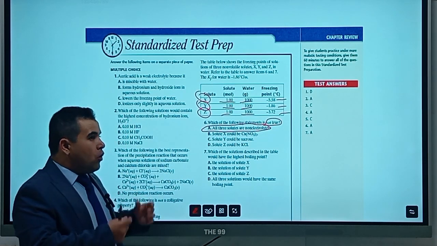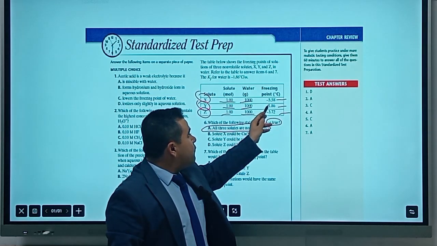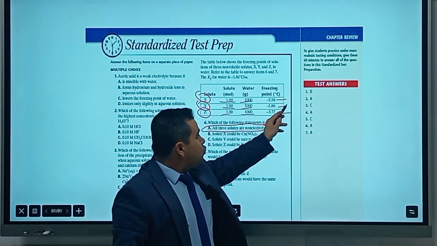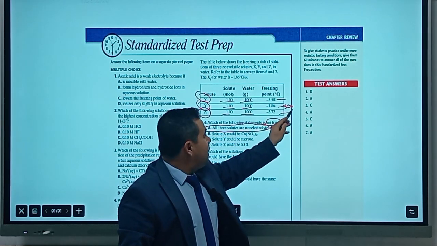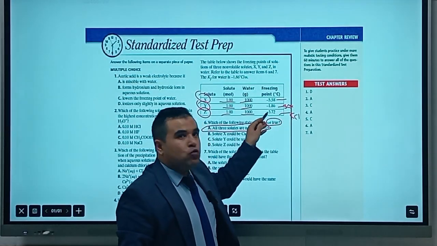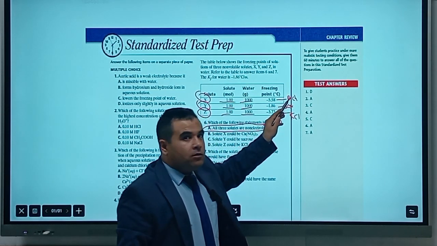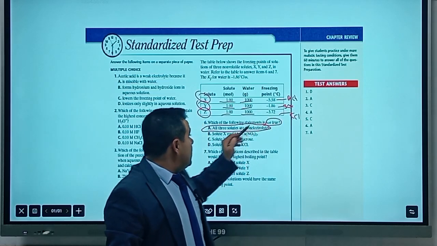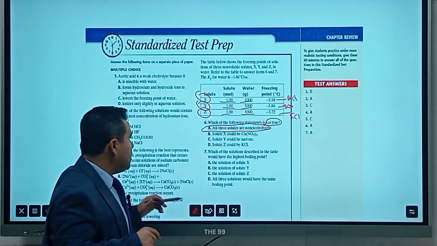Why? Because it's wrong. The solutions have different freezing points. This is sugar, guys. This seems to be KCl or NaCl that has two ion factors. This is that has three ion factors, BaCl2, for example, something like that. So all the solutions are not non-electrolytes.